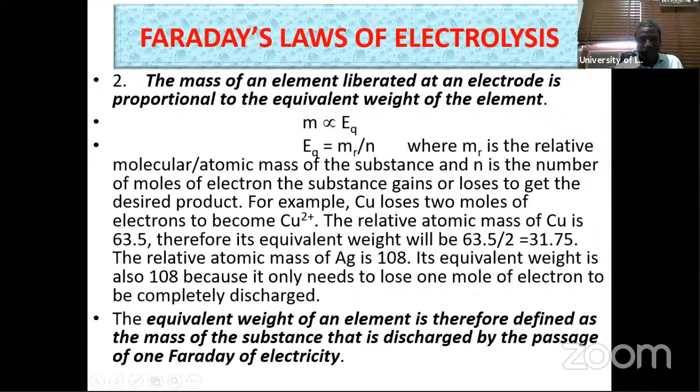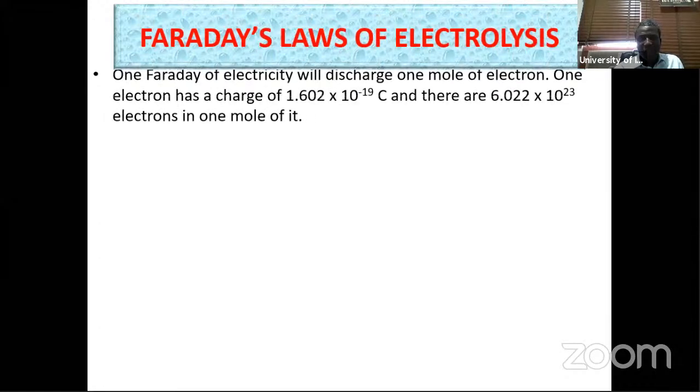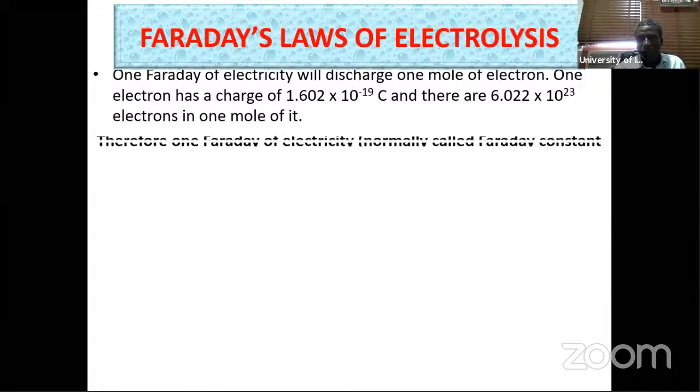And so we go on, and you know that 1 Faraday will discharge 1 mole of electron. And your 1 electron has a charge of 1.602 times 10 raised to power minus 19 coulomb.